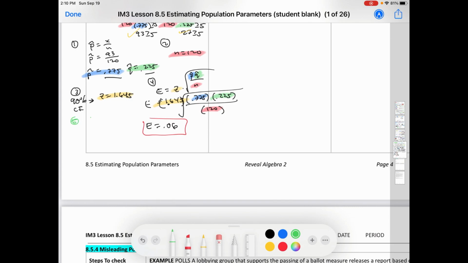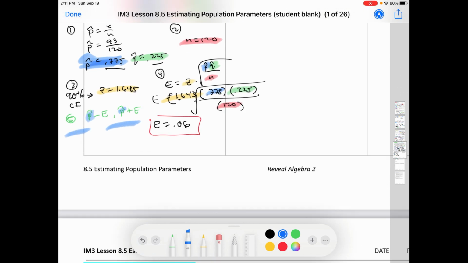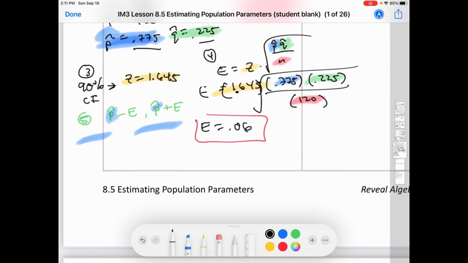step 5, which is p-hat minus the E and p-hat plus the E. So the p-hat is 0.775. Our E value we just found is 0.06.